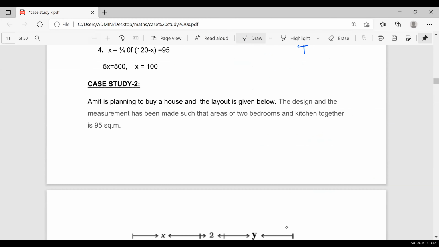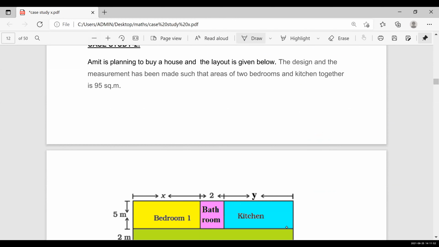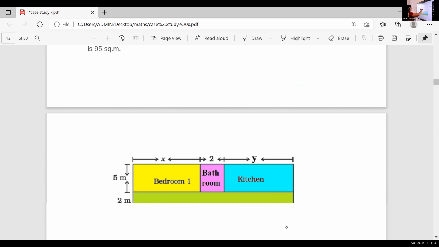Next question. Amit is planning to buy a house and the layout is given below. The design and measurement have been made such that the area of 2 bedrooms and the kitchen together is 95 square meter. The figure is given like this.